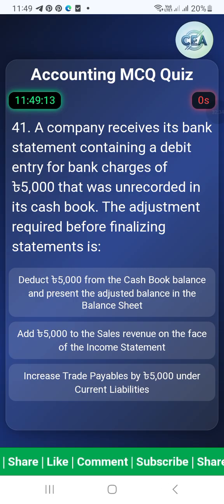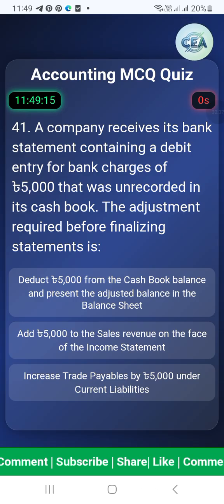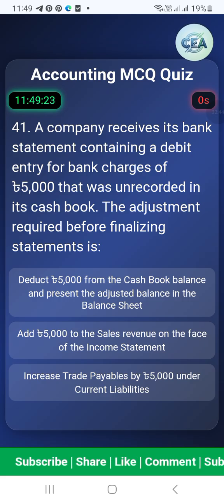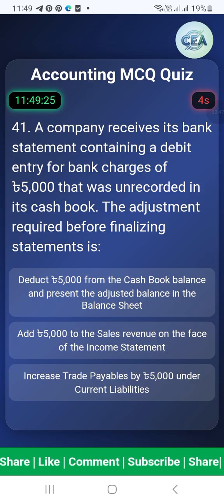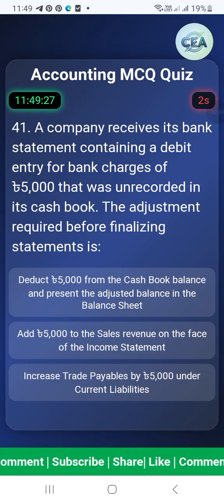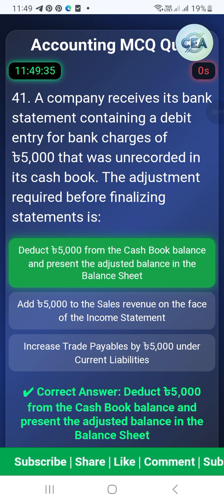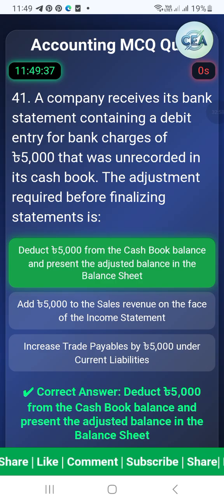Add 5,000 takas to the sales revenue on the face of the income statement. Option 3. Increase trade payables by 5,000 takas under current liabilities. Correct answer is deduct 5,000 takas from the cash book balance and present the adjusted balance in the balance sheet.